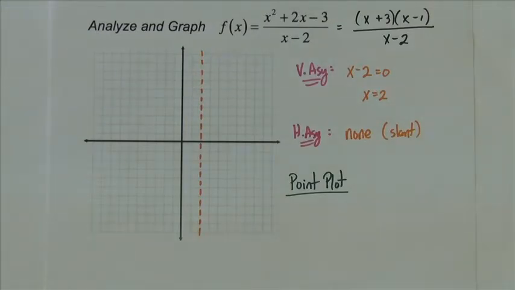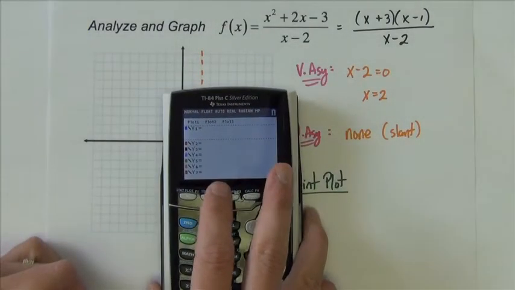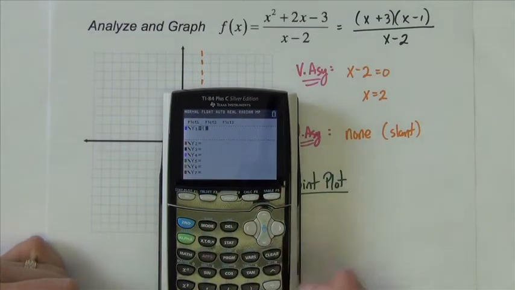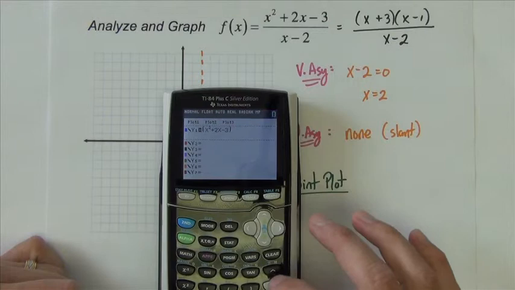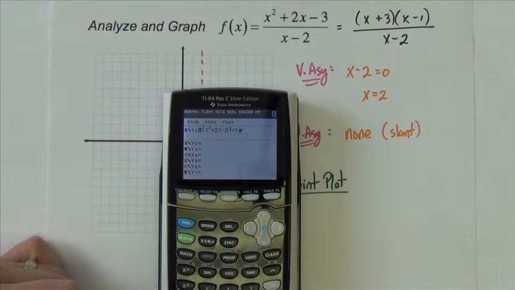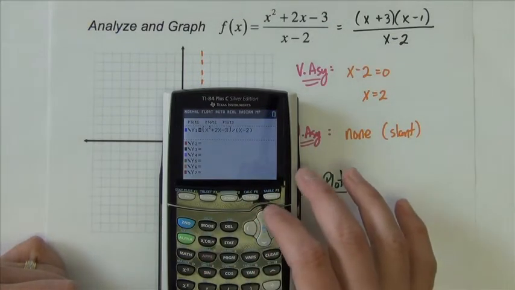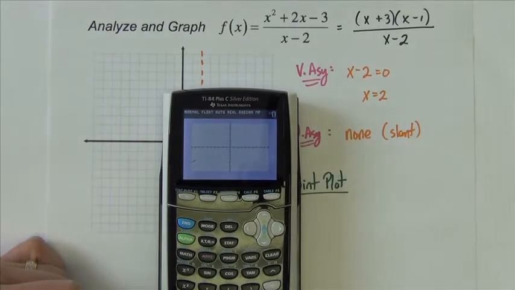So let's see. I'm going to clear out my old one, and so here we go. Always use parentheses: x squared plus 2x minus 3 divided by x minus 2. I'm going to graph it just because I want to see what this looks like.